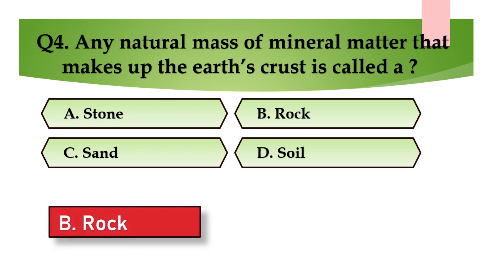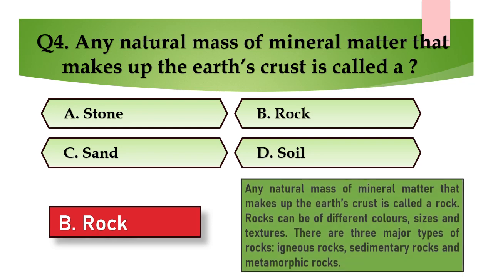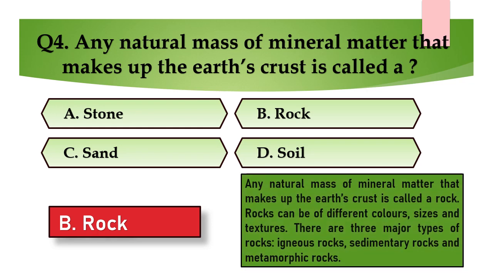The answer is B. rock. Any natural mass of mineral matter that makes up the Earth's crust is called a rock. Rocks can be of different colors, sizes, and textures. There are three major types of rocks: igneous rocks, sedimentary rocks, and metamorphic rocks.